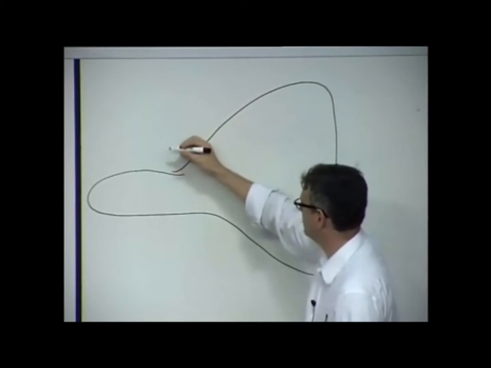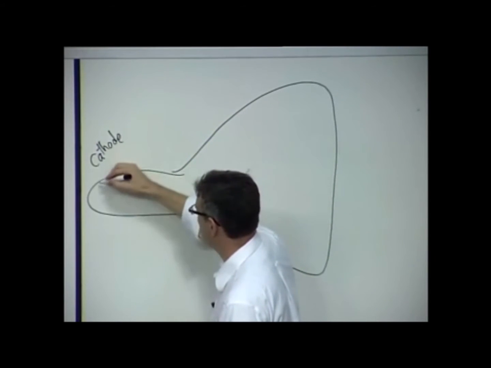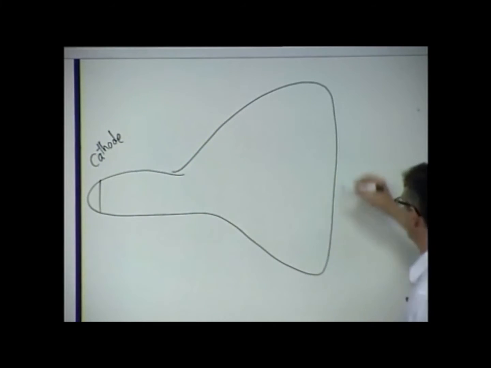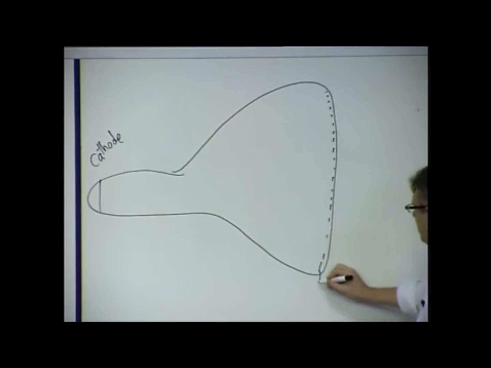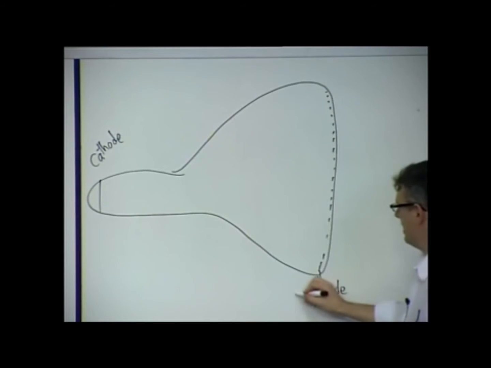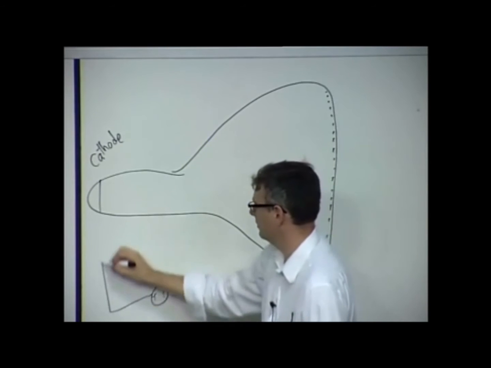vacuum tube. Cathode is over here. This is the thing that's emitting the electrons. You have a mesh screen here. This is your anode. And a very high DC voltage applied between the two.